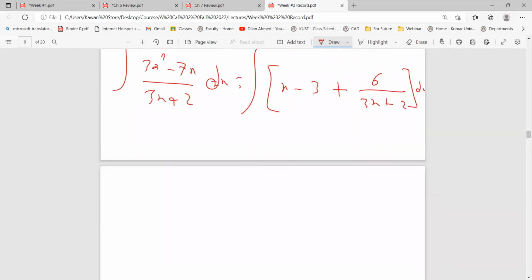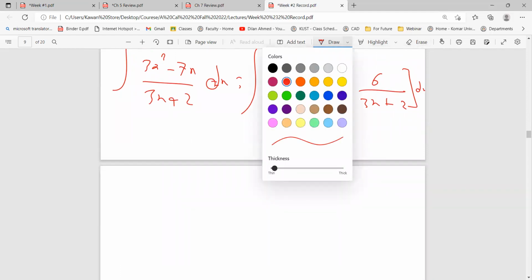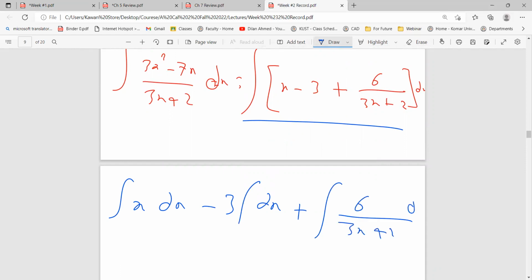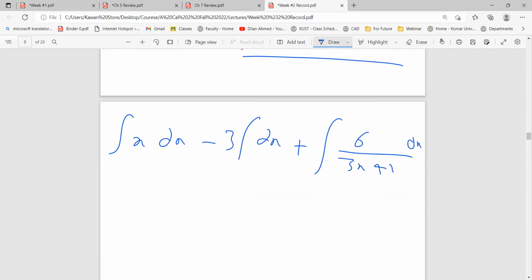Yalla, give me the first one. The first integral equals what? Integral of x dx minus 3 dx plus 6 over (3x plus 2) dx. Yalla, tell me, is equal to what? If you don't know how to solve that one, it means that you didn't study anything. Because all of them are in table number 1.